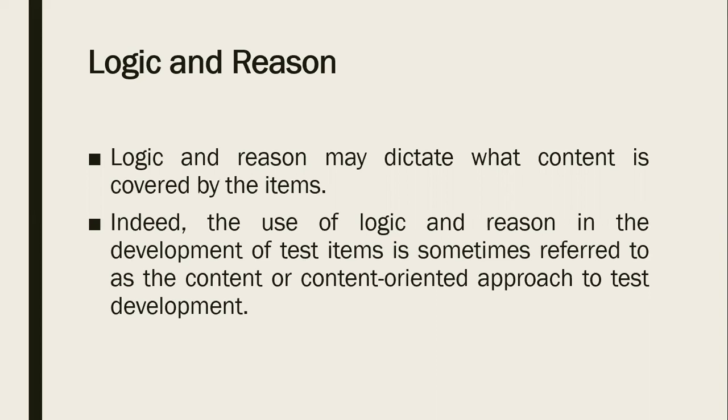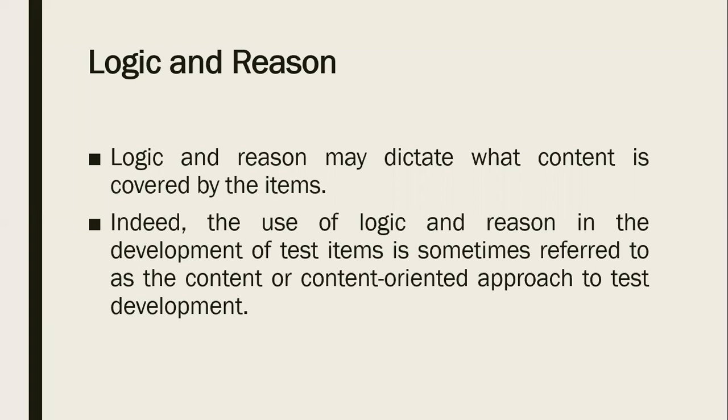For logic and reason, logic and reason may dictate what content is covered by the items. Logic and reason are two terms that are often used together in philosophy. The key difference between logic and reason is that logic is the systematic study of the form of arguments, whereas reason is the application of logic to understand and judge something.